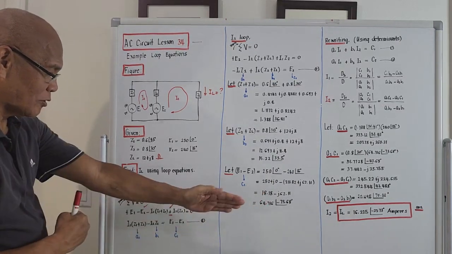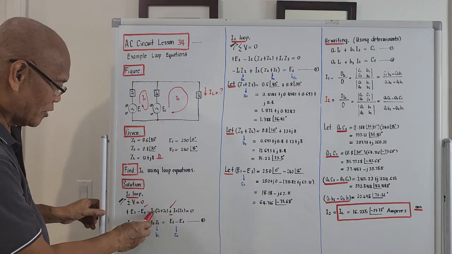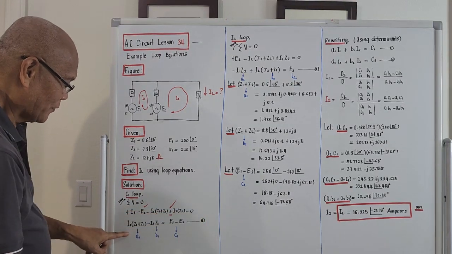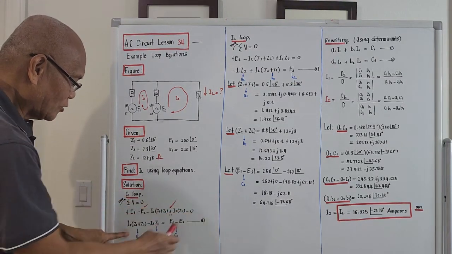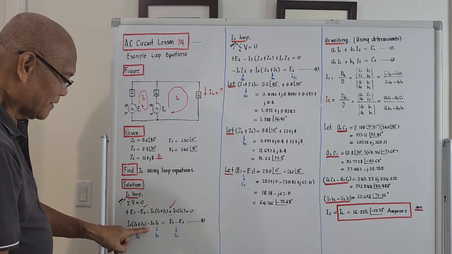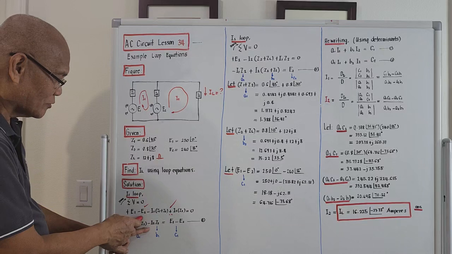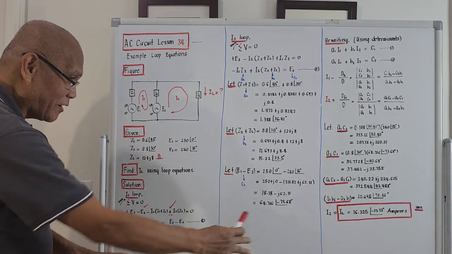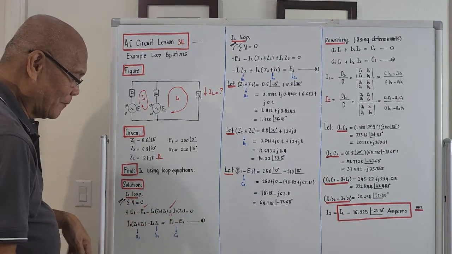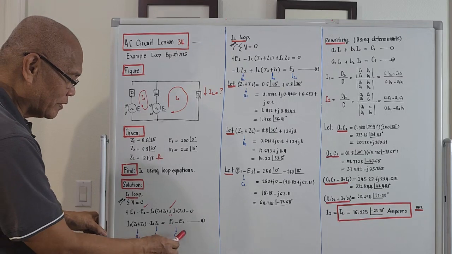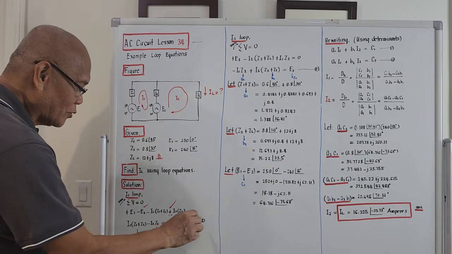Then we interchange location, so this will now be plus when it goes to the right, and when this goes to the right, it will now be minus. What remains on the left will be the difference E1 minus E2. We rearrange so it looks handsome. So this will now be E1 minus E2. We call this equation number 1.